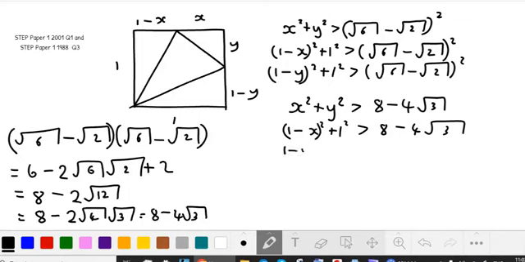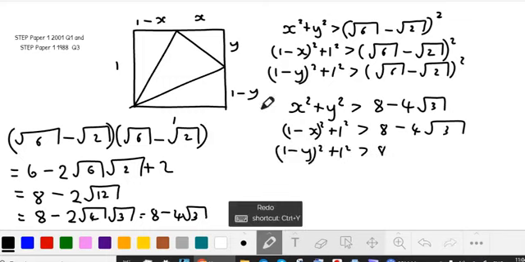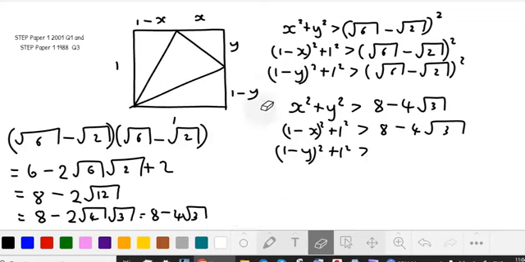And we have 1 minus y squared plus 1 squared is greater than 8 minus 4 root 3.